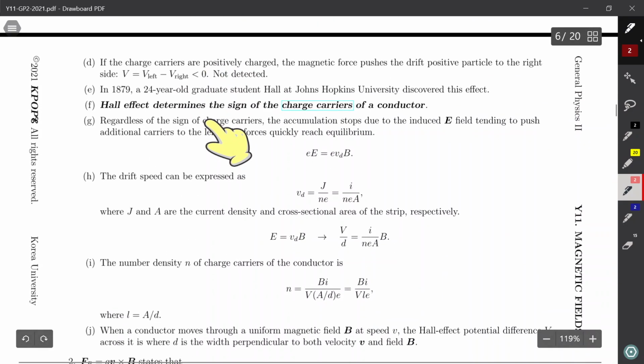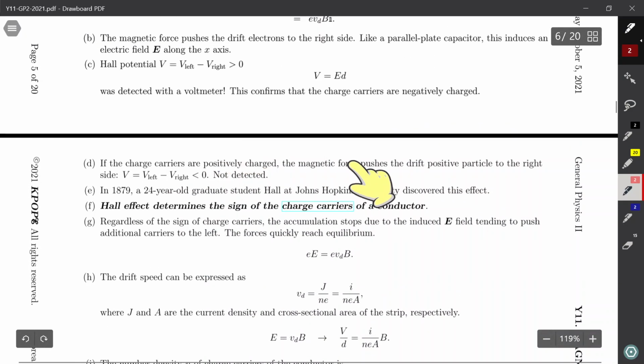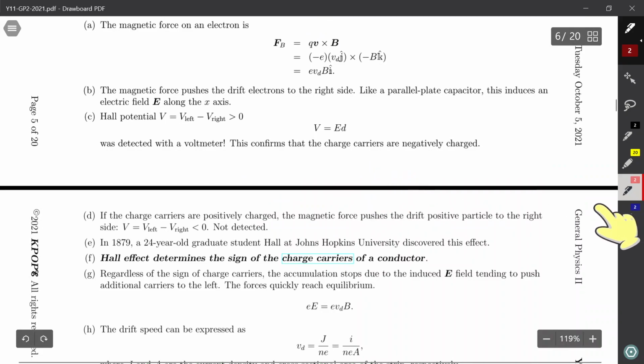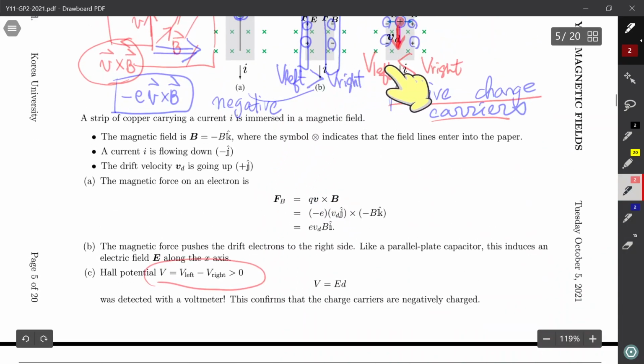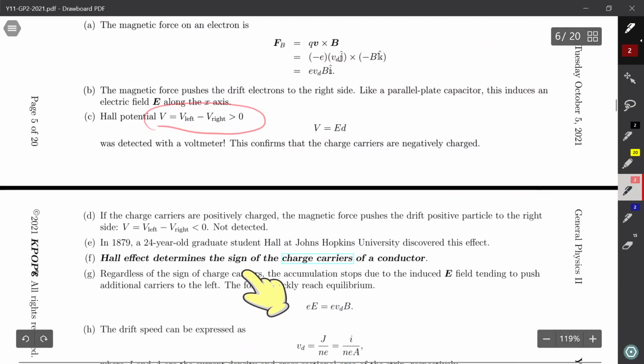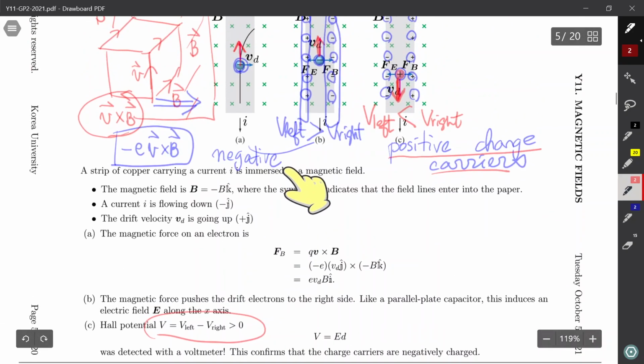The result is that the Hall potential V left is higher than V right was really measured, and the other case was not measured for the copper strip.